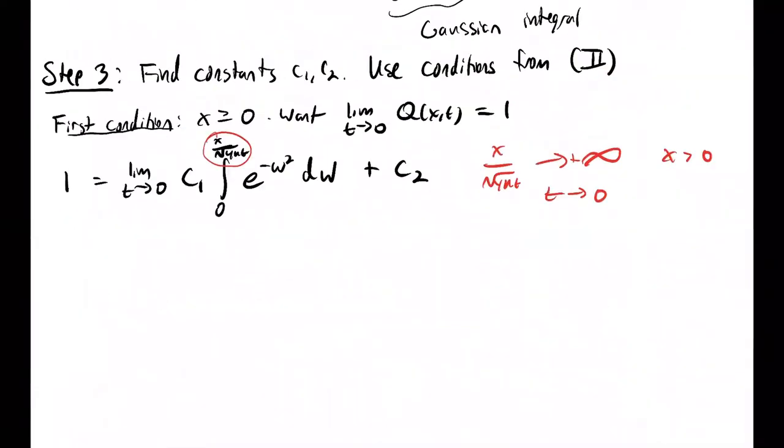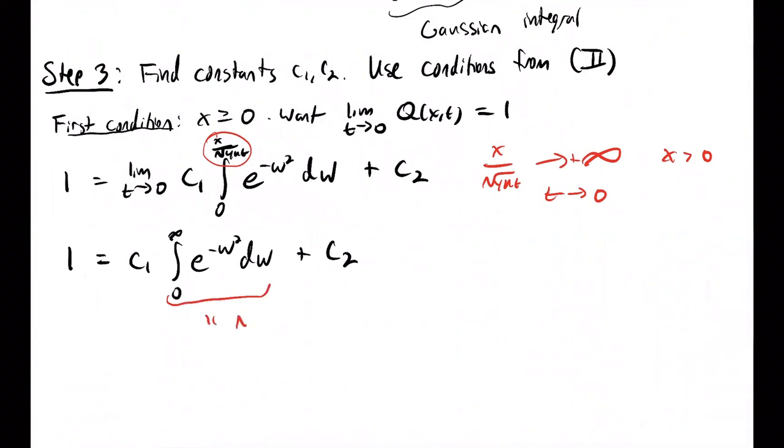Okay, well, anyway, returning to the main argument, assuming x is positive, then the top bound will go to infinity. And so therefore we want 1 is equal to c1 times the integral from 0 to infinity of e to the minus w squared dw plus c2. But now we know what this integral is equal to because you calculated it on your first homework assignment, or maybe you've seen this before also.